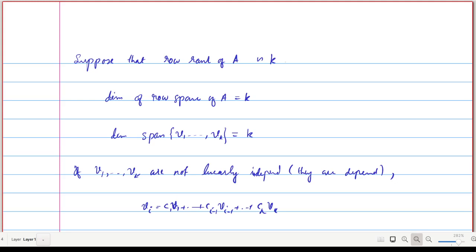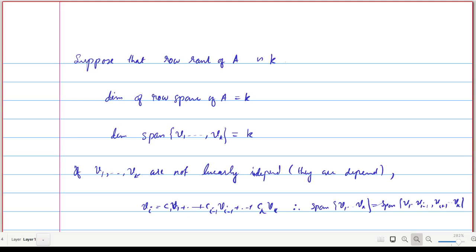So what is the implication of this? Therefore we can write the span of v1, ..., vk as the same as the span of v1, ..., v(i-1), v(i+1), ..., vk. That means if you remove that vi, you get the same span.